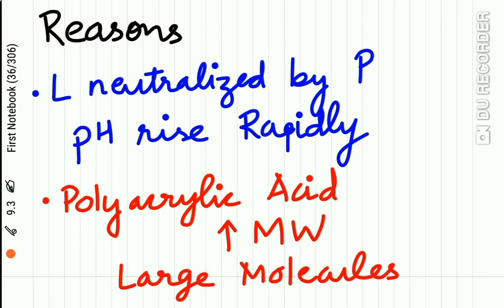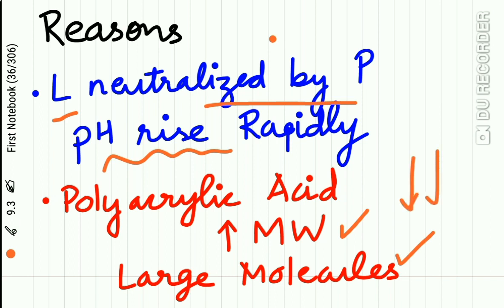The reason for this reduced irritation to the pulp is that the liquid is neutralized by the powder very rapidly, and thus the pH rises rapidly. Also, the polyacrylic acid has increased molecular weight and larger molecules. This larger molecular weight and size decreases the penetration into the dentinal tubules.